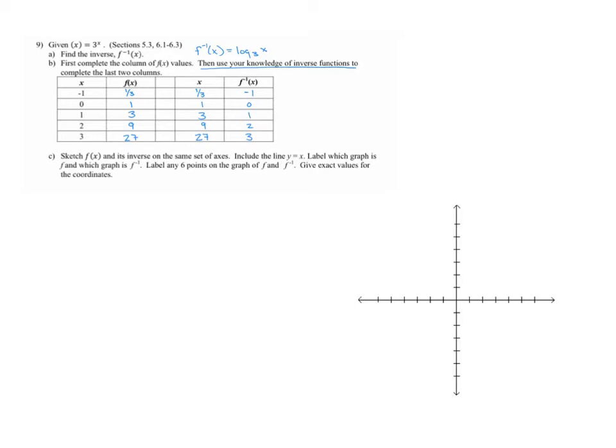I'm going to go with the first 3. We have negative 1, 1/3, 0, 1, and 1, 3. If we sketch our graph, we get something that looks like this.